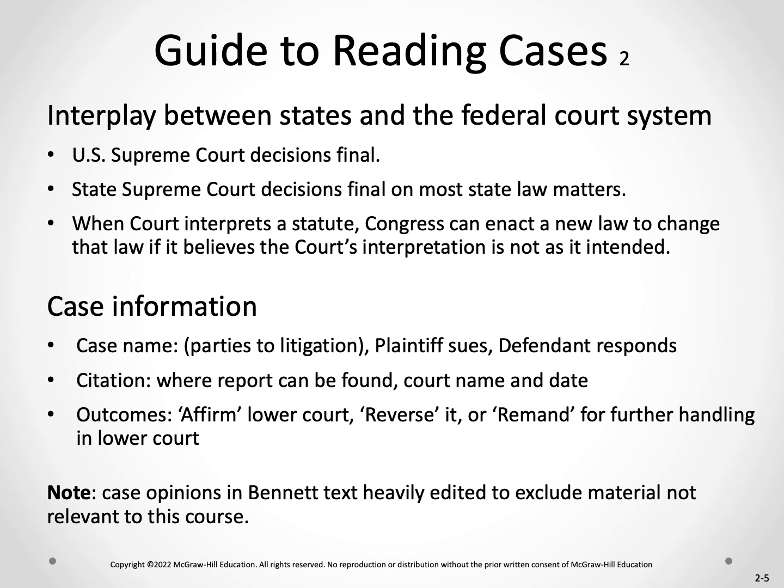When courts interpret a statute, what would happen if they're interpreting it in a way that was not the intention of Congress? Well, basically that has happened on multiple occasions. And of course, the most recent example that comes to mind is the 1964 and the 1991 Civil Rights Acts.